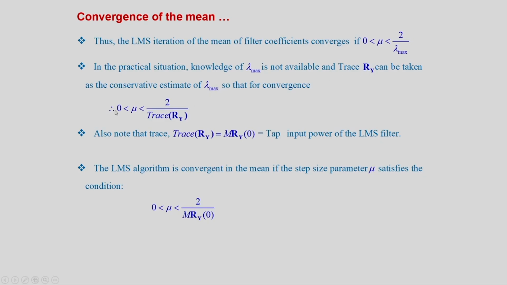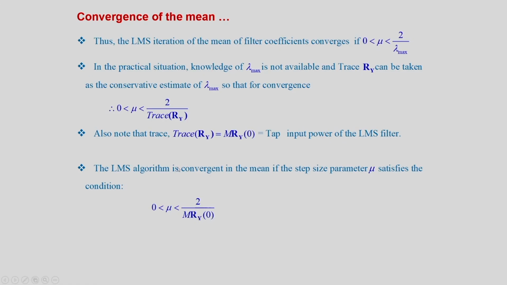So, the condition for convergence is that mu should lie between 0 and 2 by trace of Ry, and trace of Ry is equal to m times Ry 0, that is the tap input power of the LMS filter. The LMS algorithm is convergent in the mean if the step size parameter mu satisfies the condition mu lies between 0 and 2 by m times Ry 0.